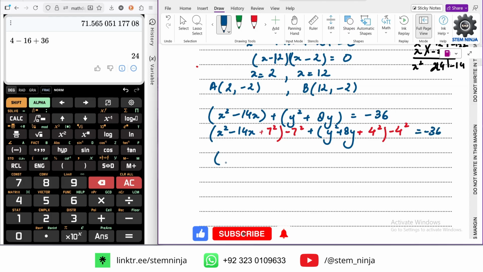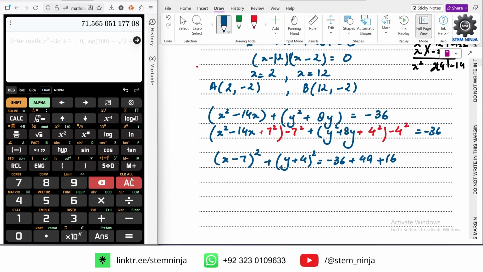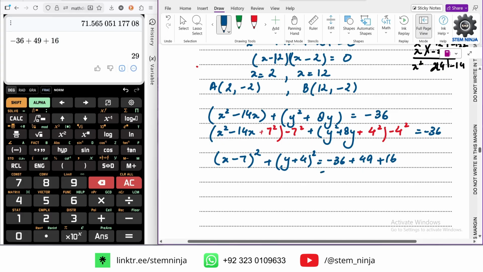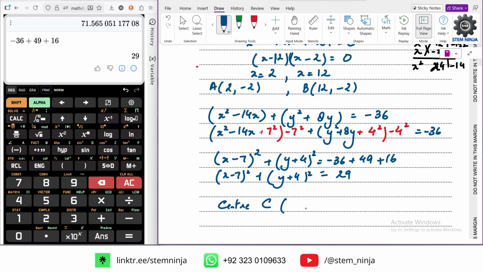So this becomes (x minus 7) whole squared plus (y plus 4) whole squared equals minus 36 plus 49 plus 16, which is 29. So center C is 7, minus 4.